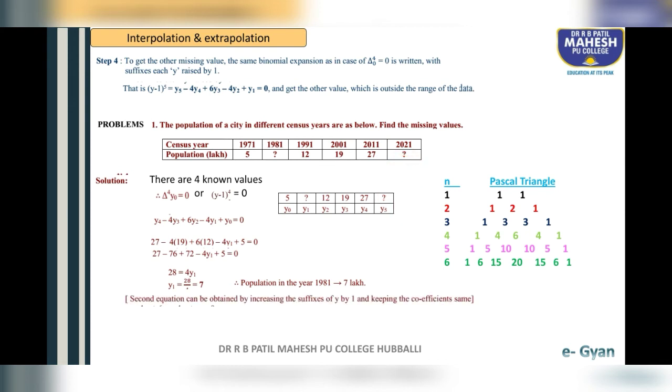To find out the missing value of y5, generate the second equation. The second equation can be obtained by increasing the suffixes of y by 1 and keeping the coefficients the same. So y4 becomes y5, y3 becomes y4, y2 becomes y3, y1 becomes y2, y0 becomes y1.